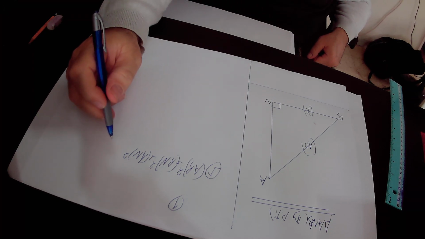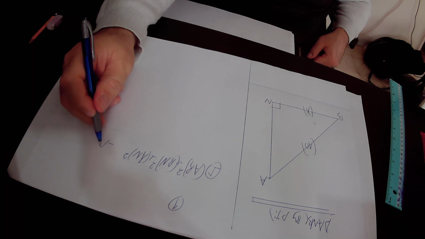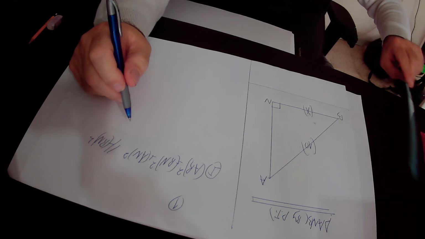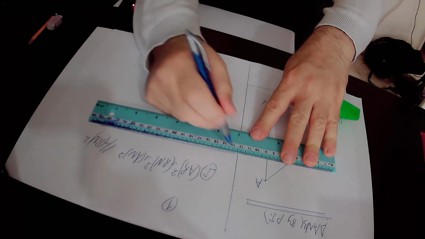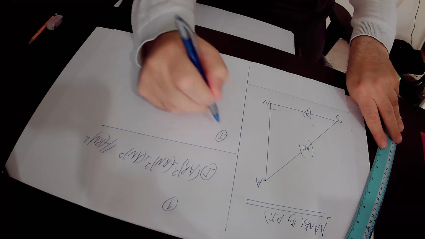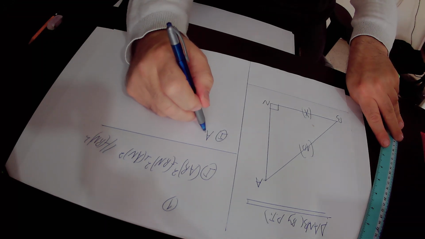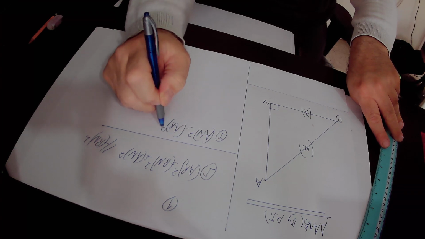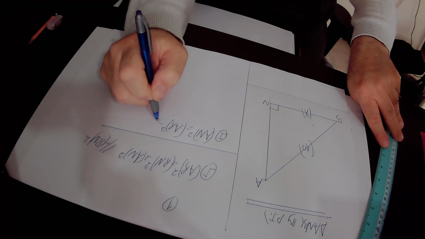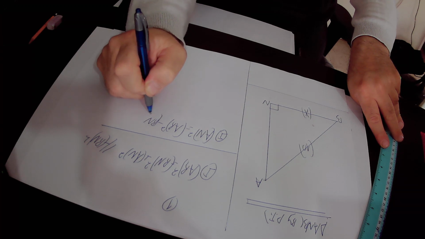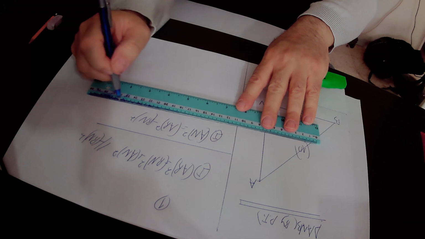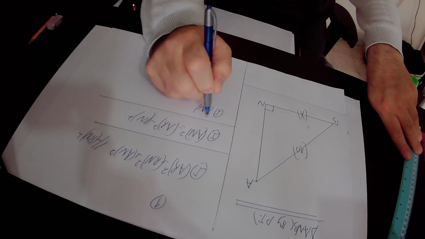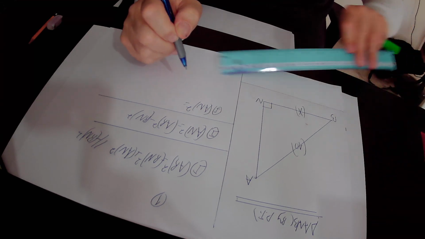Here we subtract BN squared from this equation, and you get that according to equation 1, AN squared equals AB squared minus BN squared.